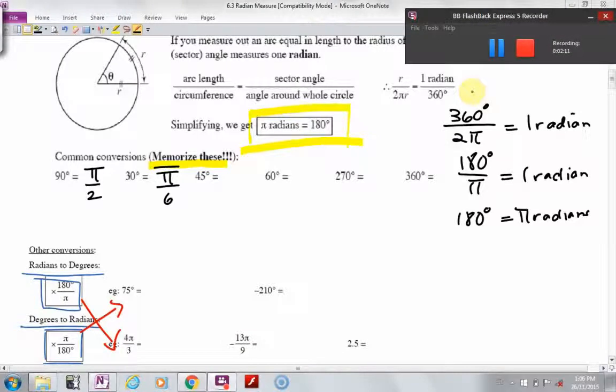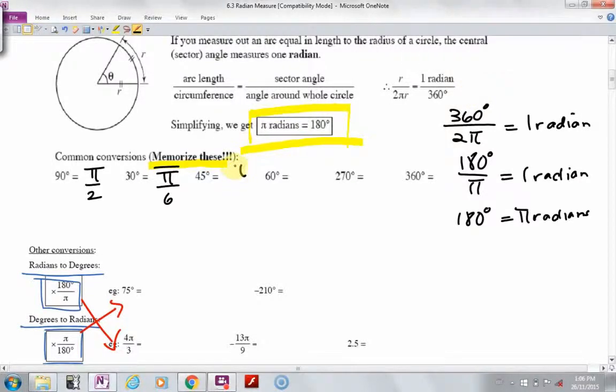So if 90 is pi by 2, then 45 is pi by 4. Okay? If 180 is pi, then 60 is pi by 3. Very good.